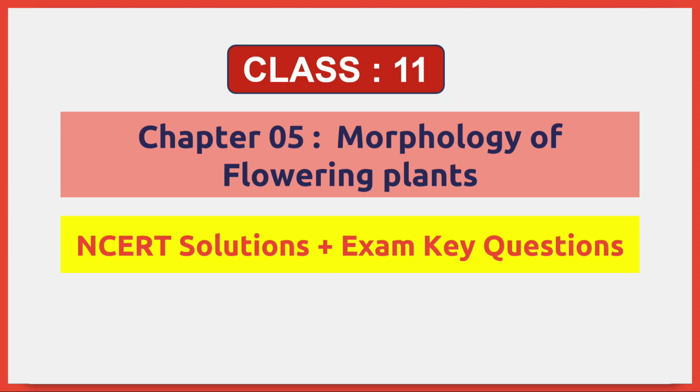In this episode, we'll go step by step through the NCERT exercise solutions for morphology of flowering plants, followed by additional important questions designed to strengthen your understanding for both school exams and NEET preparation. Each answer is explained clearly using examples and descriptive detail, just the way you need it for easy listening, quick revision, and long-term retention.